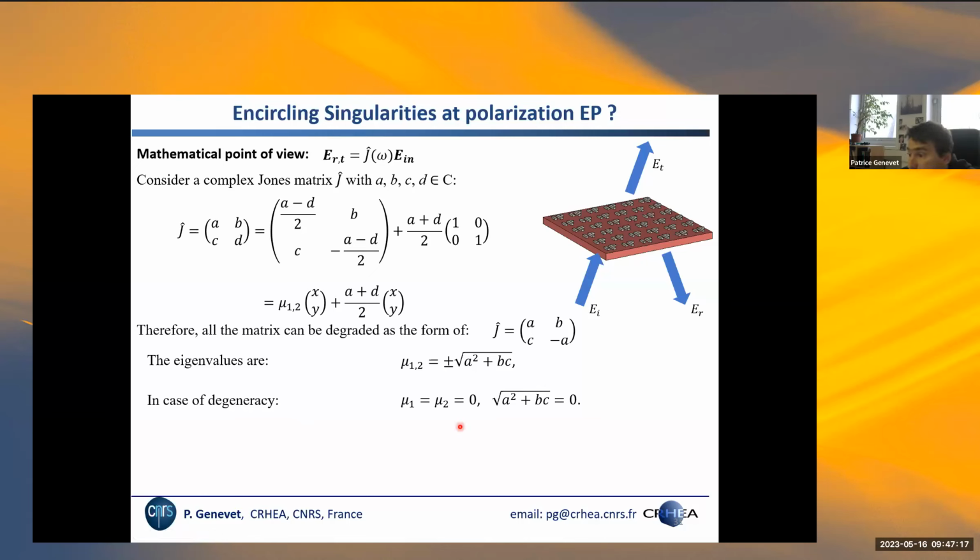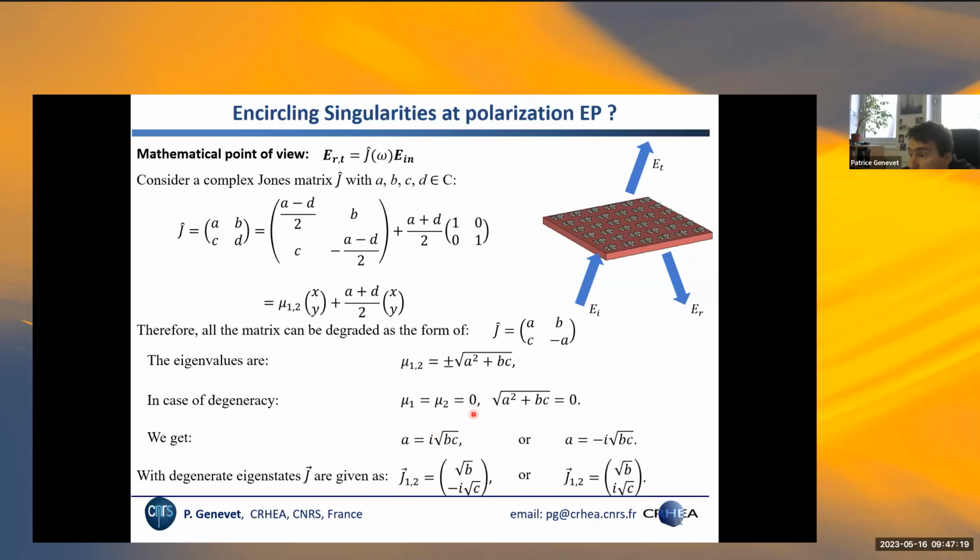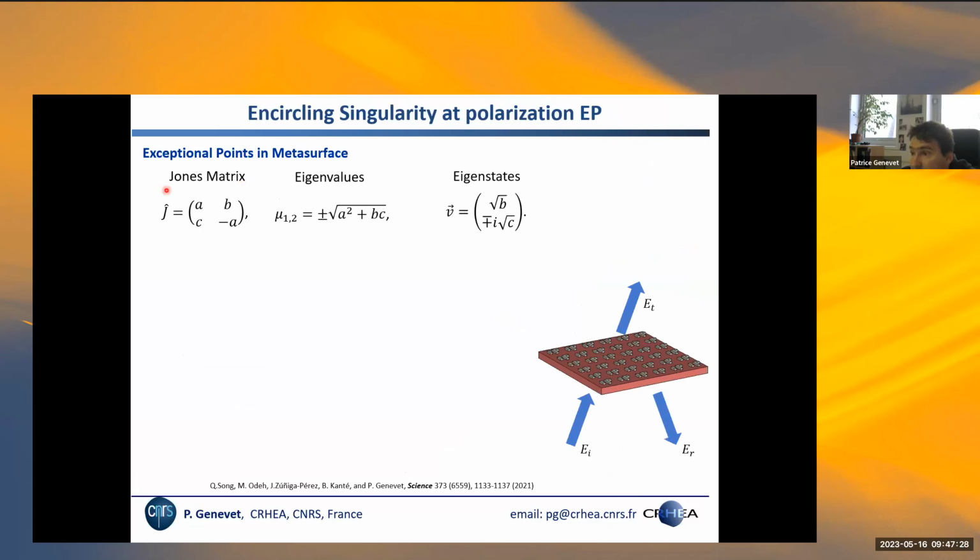The 2 eigenvalues are equal, and associated to these 2 possible solutions, you have 2 possible degenerate eigenstates that are written like this. Summarizing the problem, we have the Jones matrix to calculate eigenvalues, and at the degeneracy condition where eigenvalues are the same, you have eigenstates that are written like this.